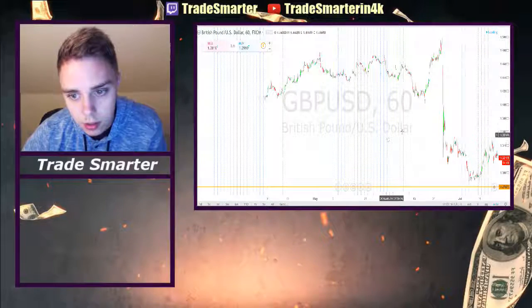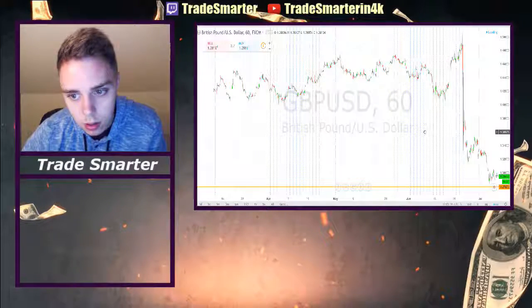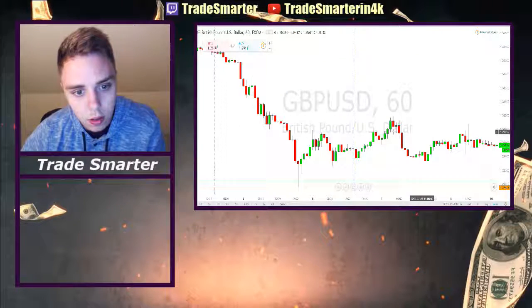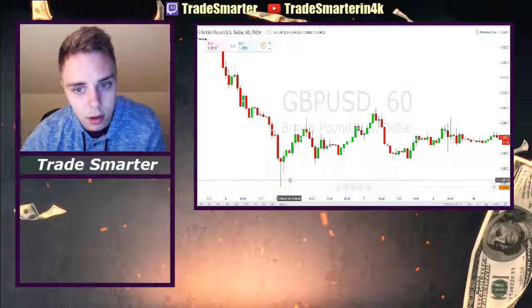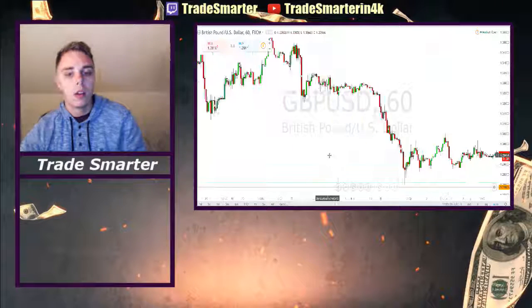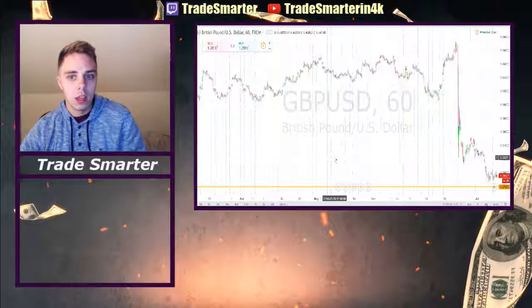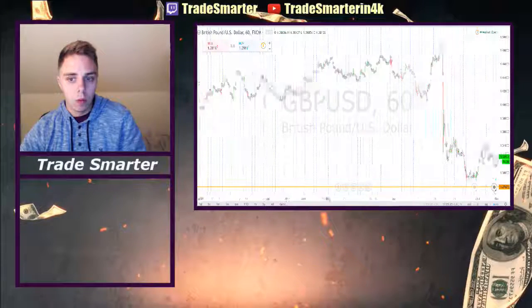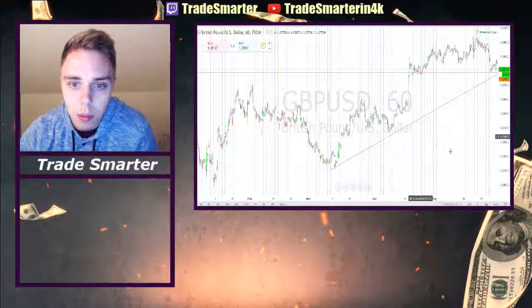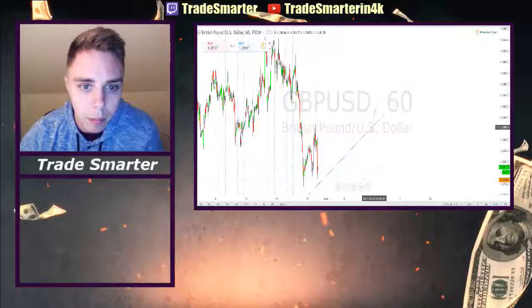Oh, look at this. Right here. Look at that. Exactly on the line. So I wouldn't say it's a super strong point, but this is definitely a point where the price could reverse, meaning this is a price reversal zone.